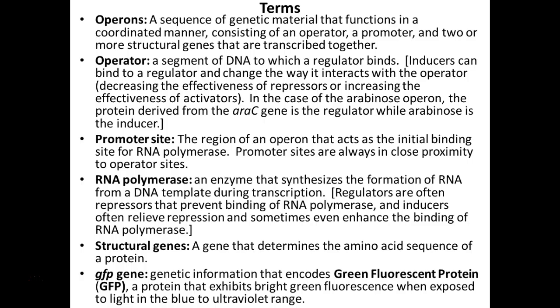One of the genes that we're dealing with today is GFP, which stands for green fluorescent protein. That gene, that code in the DNA, is made into messenger RNA, and then made into that protein that, when you shine UV light on it, fluoresces green.